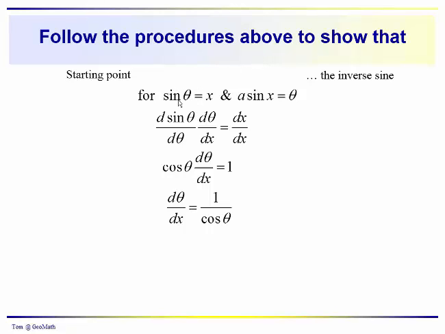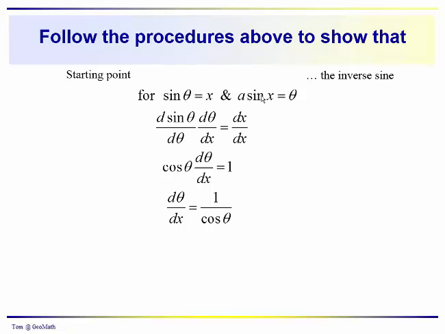Let's start with our basic definitions. We've got the sine of theta is equal to x, so the inverse sine of x is equal to theta. Then we take this chain rule differentiation approach. First we take the derivative of the sine of theta with respect to theta, then the derivative of theta with respect to x, and this is what we're after.